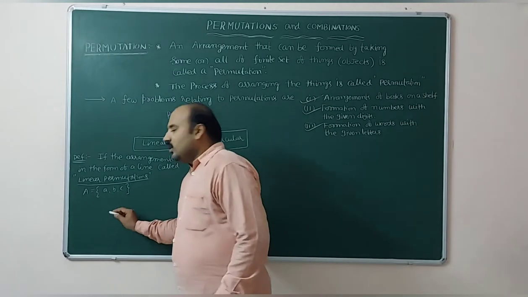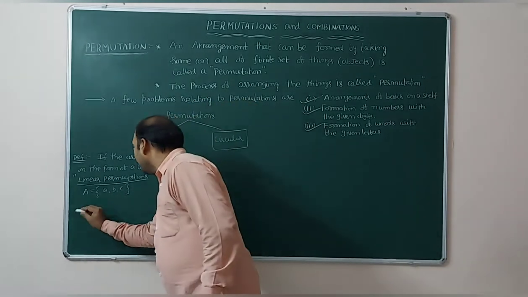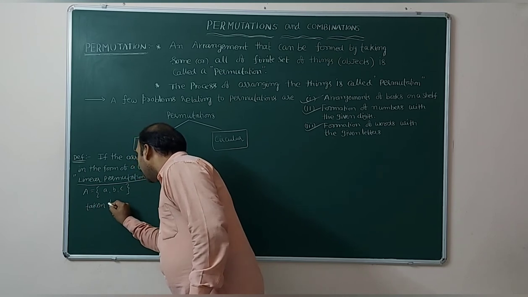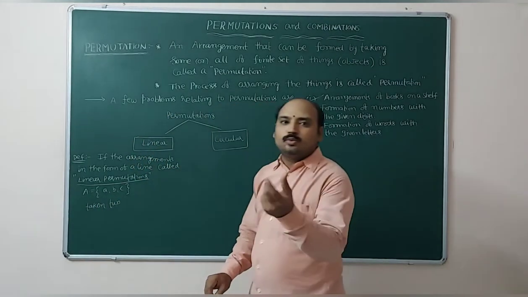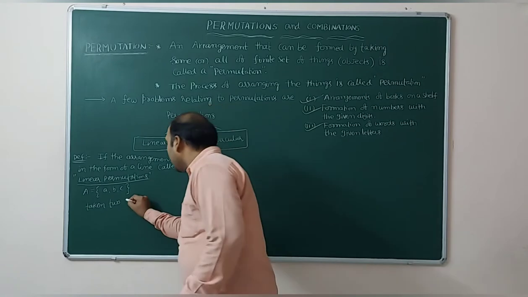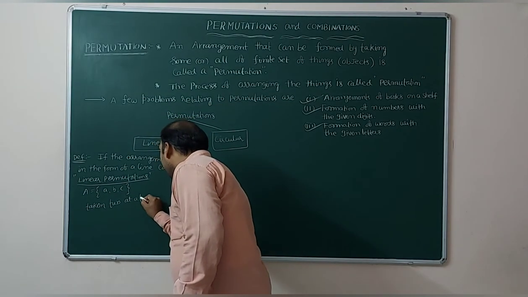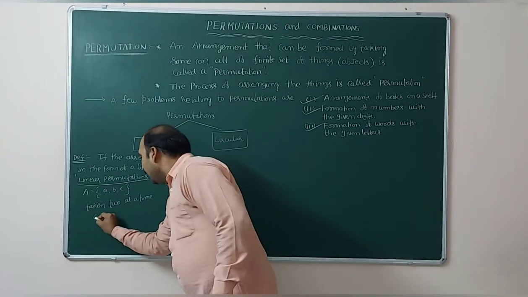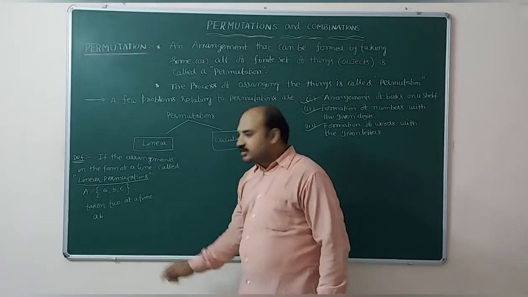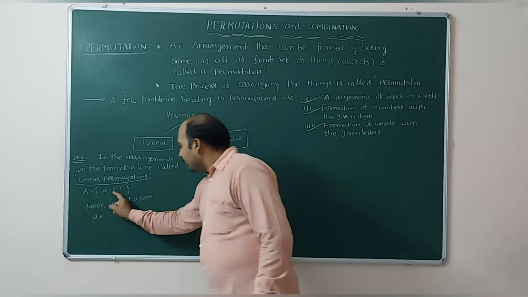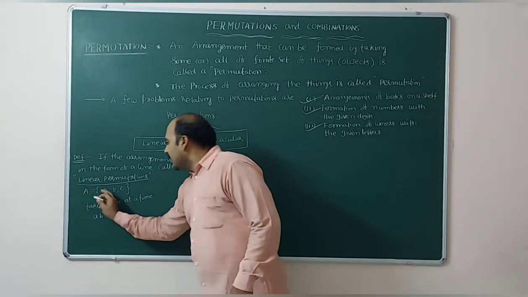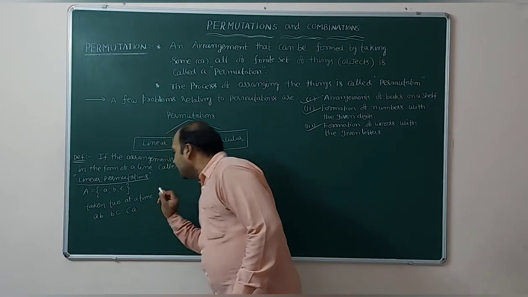See here, taken 2 at a time. 2 means 2 elements at a time. So for example, AB I am taking, this is one permutation. BC, this is another permutation. CA is also another permutation.